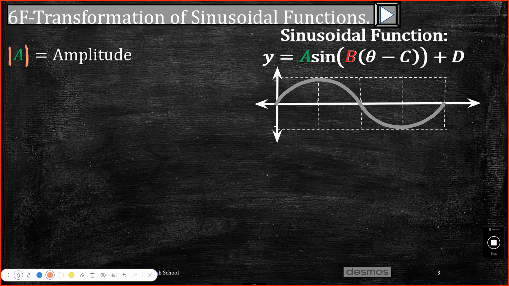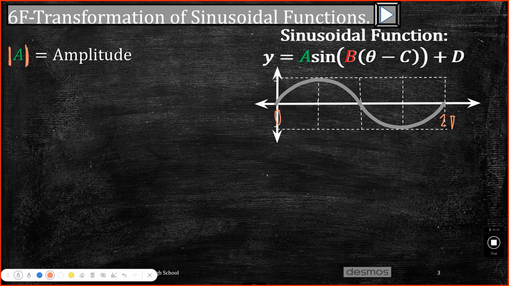So if B is 1, it's just one sideways S. If B is 2, you're going to have 2 sideways S's on 0 to 2 pi. If B is 4, you will see 4 sideways S's from 0 to 2 pi.